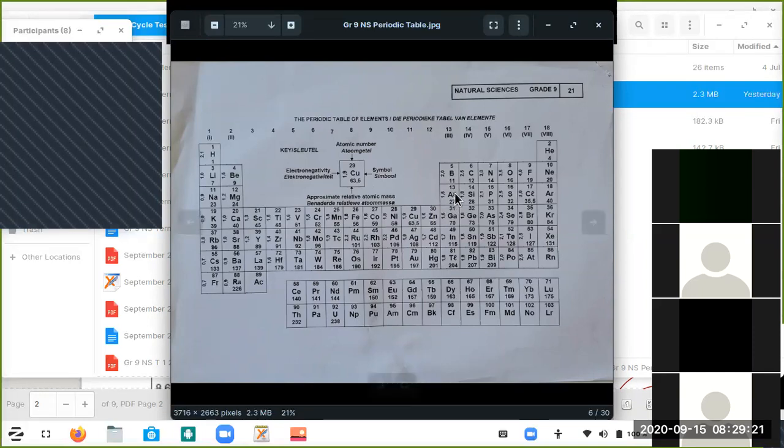Remember, the number of protons is exactly the same as the atomic number, which is equal to the number of electrons in that atom. So 13 is the atomic number, 13 electrons, and 13 protons.